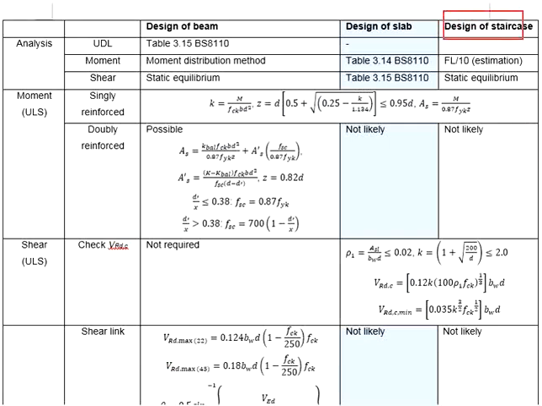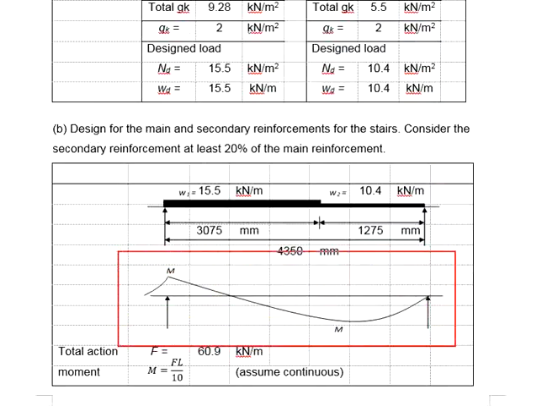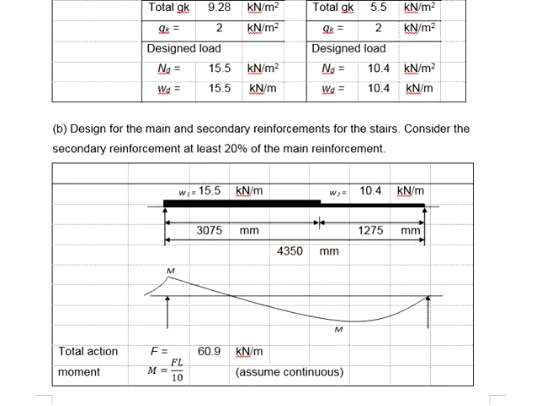How about the design of the staircase? We may use the formula of FL per 10 to estimate the moment acting onto the staircase. You will need to sketch the bending moment diagram, depending on the support conditions, whether it is end-span or continuous where there are adjacent members.